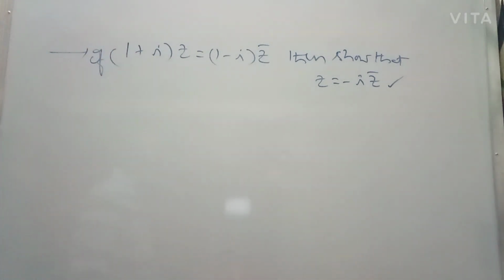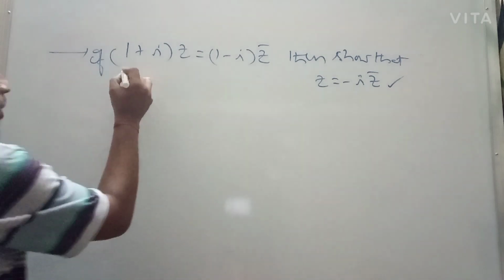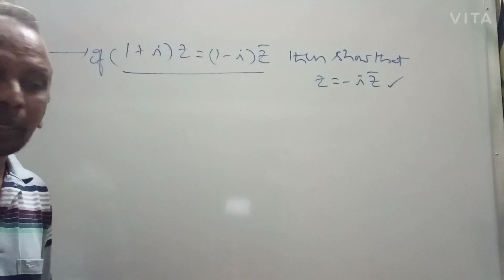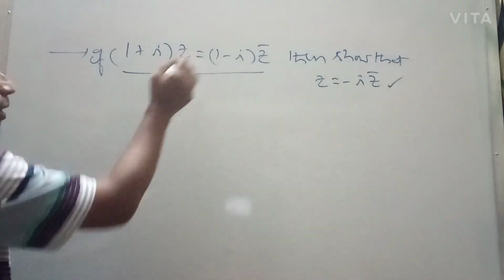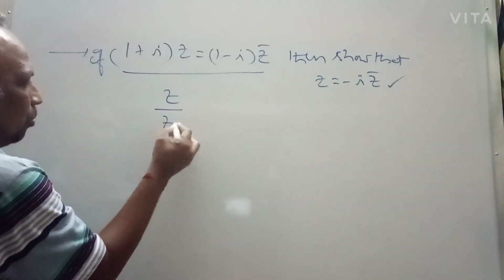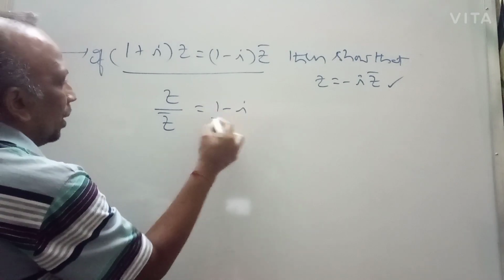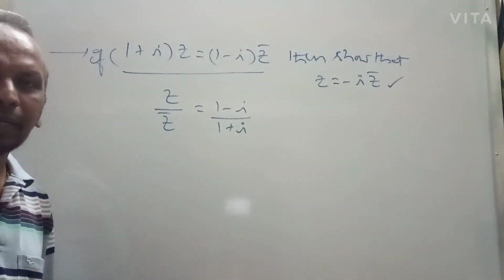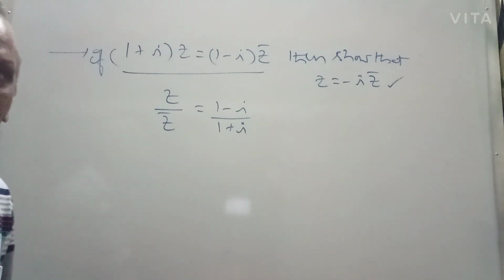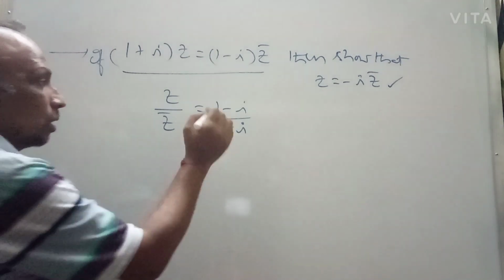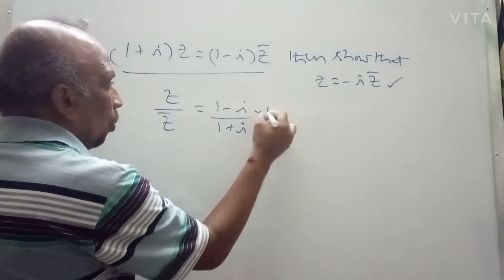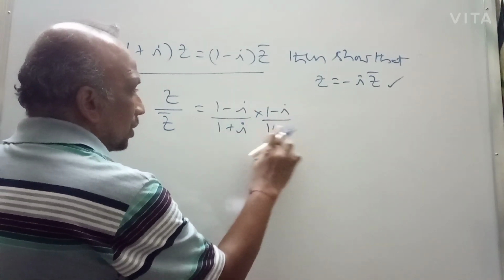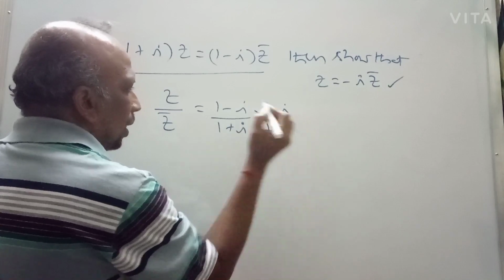Now you can see this problem. In this result, for our convenience we can consider this one. I can write z by z bar equals 1 minus i by 1 plus i. Now I am going to simplify 1 minus i by 1 plus i. The rationalizing factor is 1 minus i.